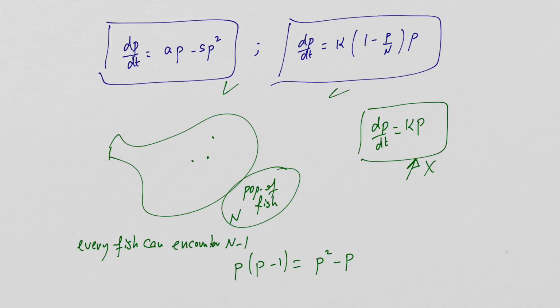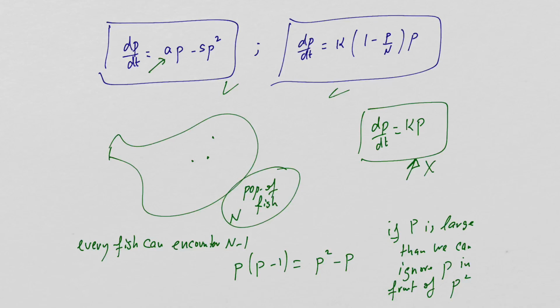If the population is large enough, if P is large, then we can ignore P in front of P squared. So basically, you have a growth rate called A. In the book, it calls it K. It doesn't matter. The rate of change of a population is proportional to the population.